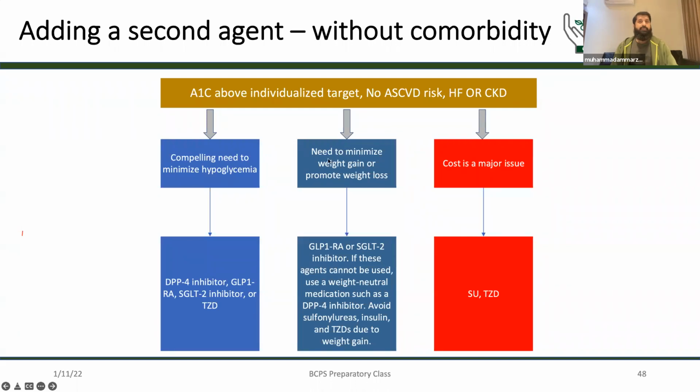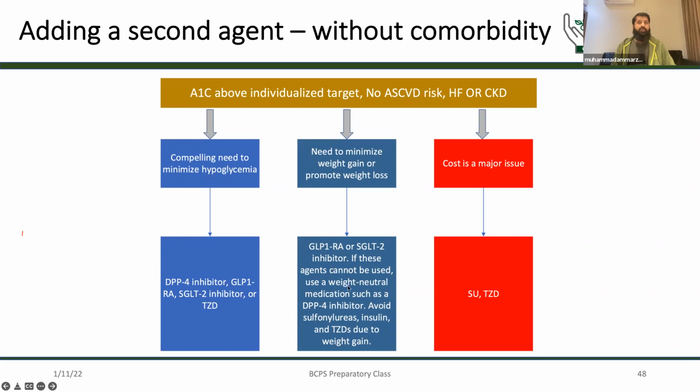If you want to minimize the weight in the patient, and for example, the patient is already overweight and you want to promote weight loss, then the treatment of choice in addition to metformin are GLP-1 receptor agonists or sodium glucose transporter 2 inhibitors, because these agents are more likely to reduce the weight of the patient.